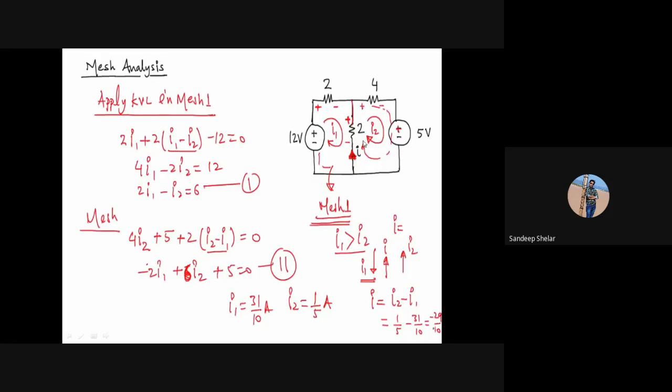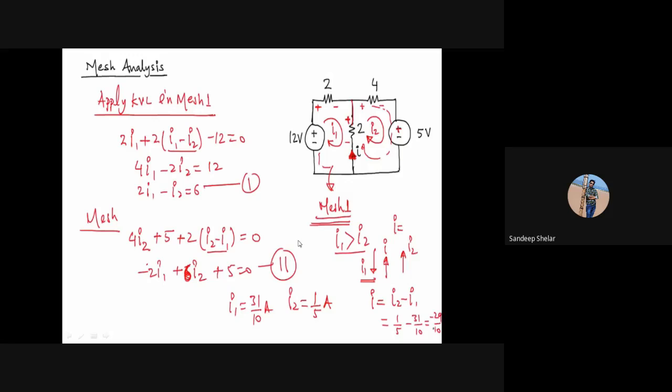Now consider the second mesh and apply KVL: 4I2 plus 5 plus 2 into bracket I2 minus I1 is equal to 0. Then the equation is minus 2I1 plus 6I2 plus 5 is equal to 0.